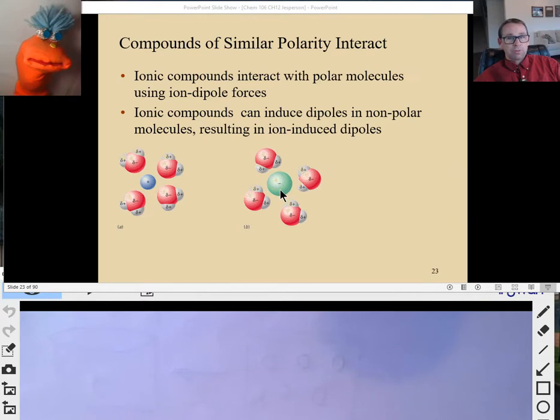Now, all the intermolecular interactions that we've been discussing at this point, and if you didn't realize this, you might want to go back and think about this a little deeper, all the conversations we've had so far are about two molecules that are exactly the same interacting with each other.